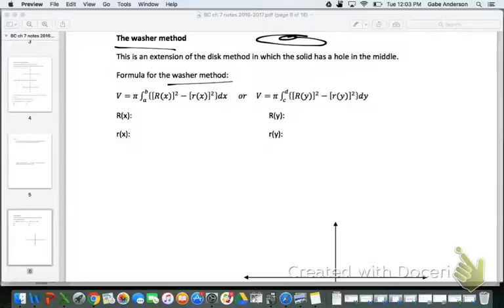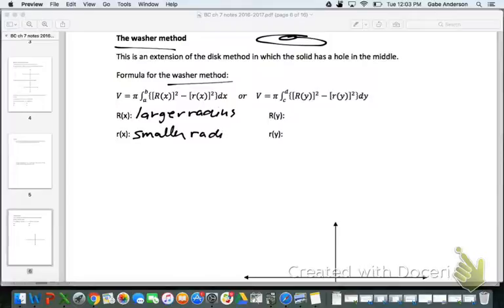Here it is. Volume equals pi integral of big R squared minus little r squared, and then either in terms of x or y. So R, capital R, big R, that would be the larger radius. Or you think of it as the outer radius. And then lowercase r would be the smaller radius.